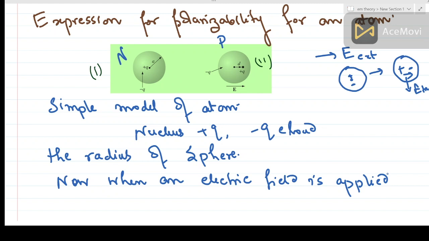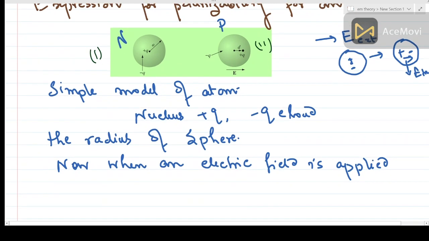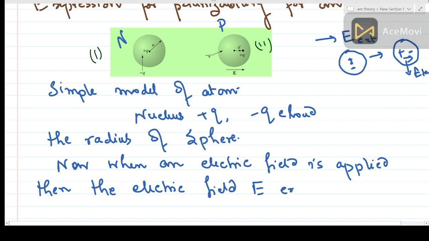Now what is happening? Try to understand. It is very easy. Electric field is applied, then the electric field E exerts a force on the nucleus, which is positively charged, and the electrons.